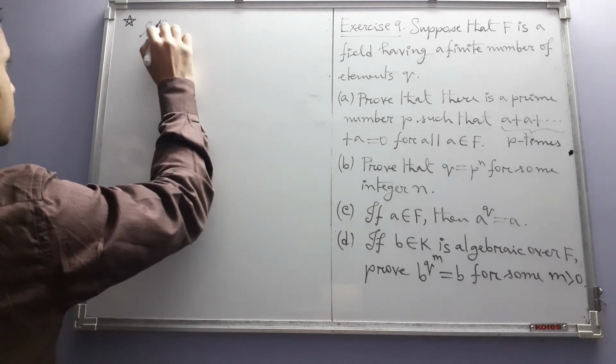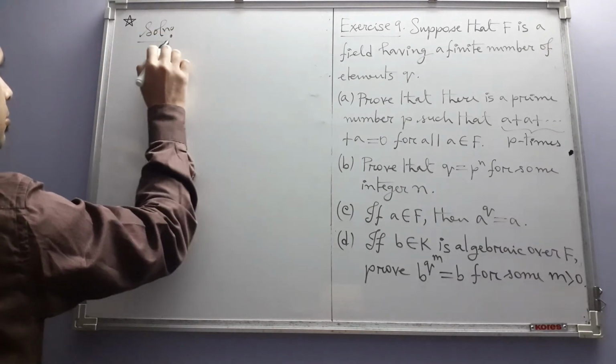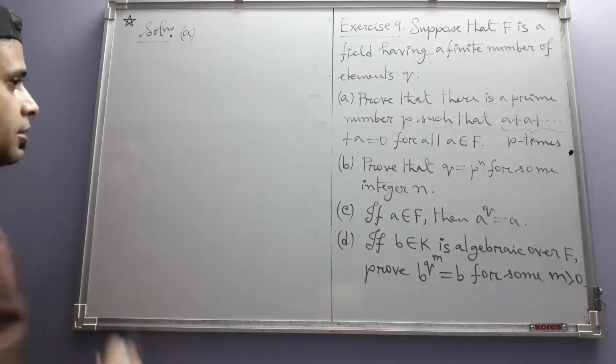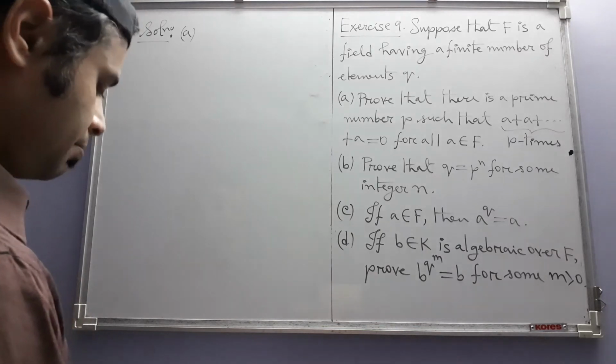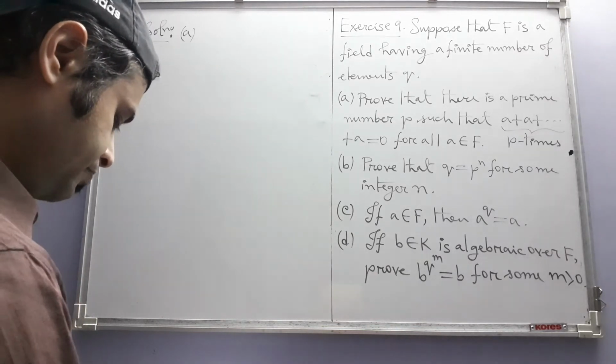So let's go through the parts one by one. Part A, prove that there is a prime number P such that.